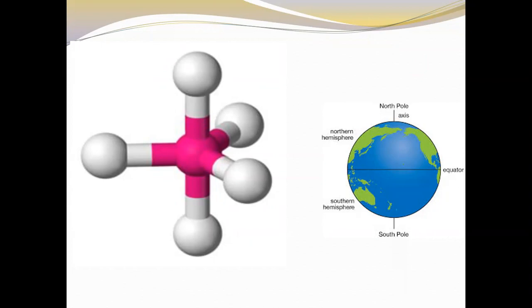At the top, it says molecules with 5 or 6 electron domains around the central atom have a molecular geometry of either trigonal bipyramidal, which has 5 electron domains, or octahedral, which has 6 domains in the electron domain geometry.